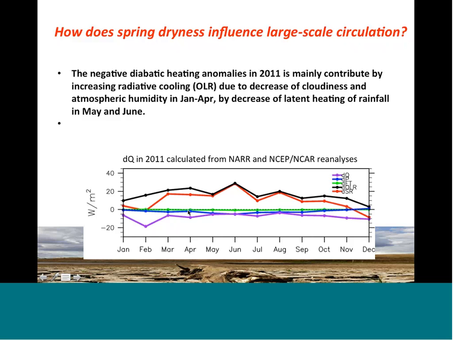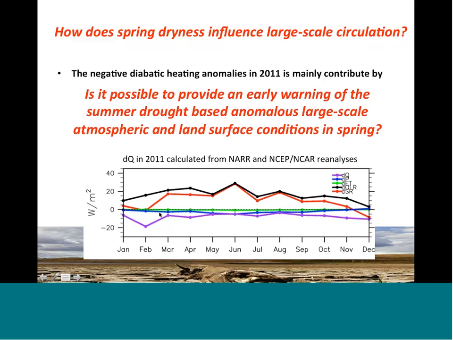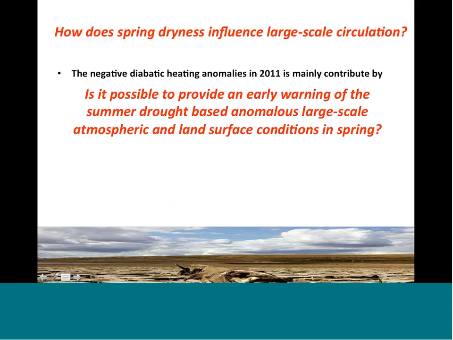And during the summer, May and June, the decrease of diabatic heating is primarily due to the decrease in rainfall, which leads to a decrease of latent heating. So this preliminary result really emphasizes the importance of the radiative cooling linked to water vapor and the cloud feedback to surface soil moisture in spring.